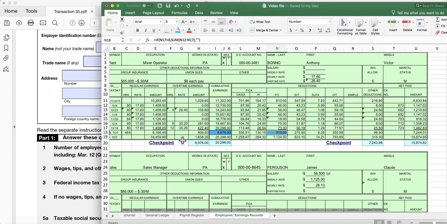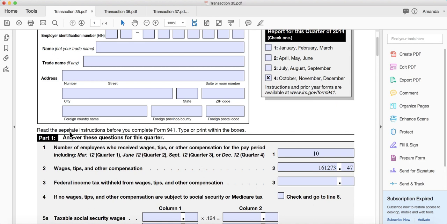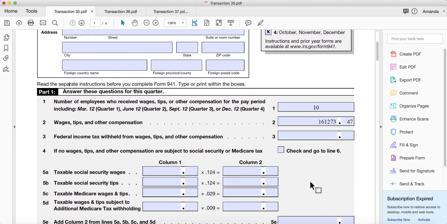So again, you're going to take all of your employees and enter those amounts into a calculator, find the total, and that total gets put in box 3. Box 4 is going to be empty. We're not going to check it because we have wages that are subject to Social Security and Medicare tax.